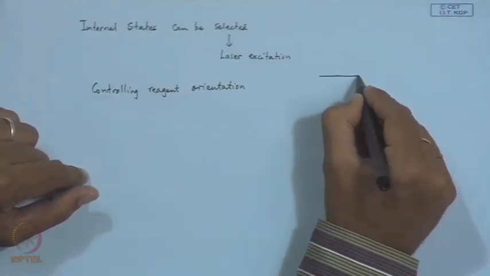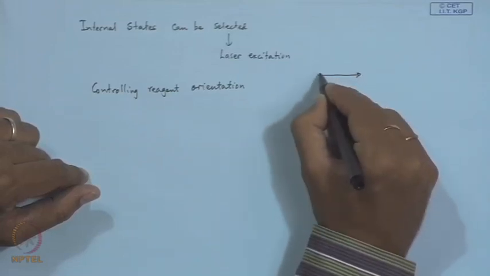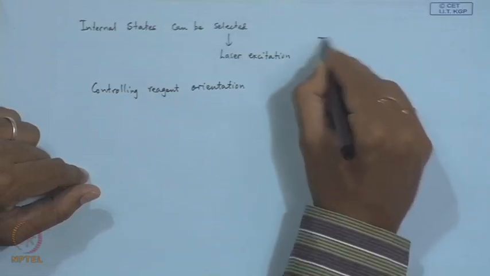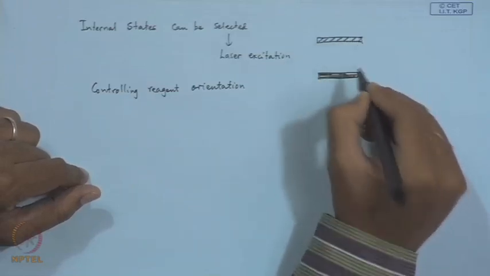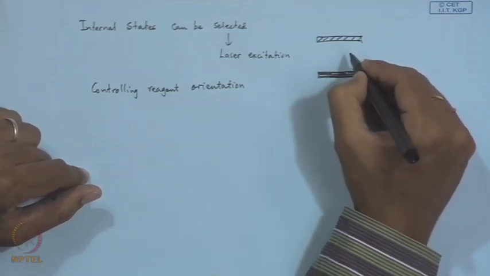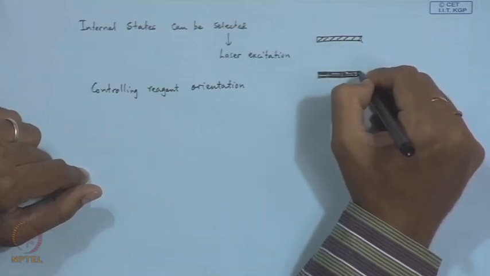Say there is a weak electric field between two parallel plates, and a polar molecule will be oriented in a definite fashion. It should not be a very strong field; it is a weak electric field.